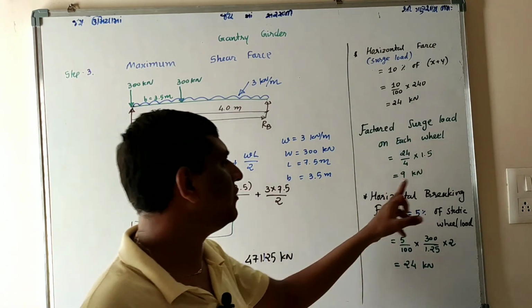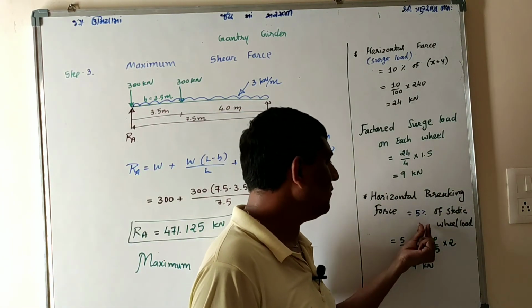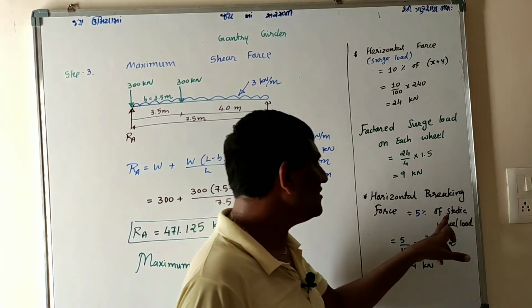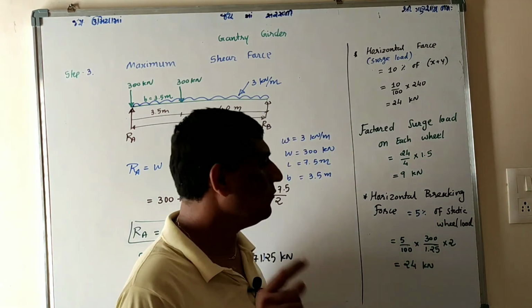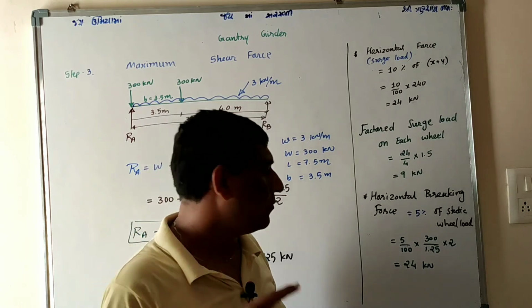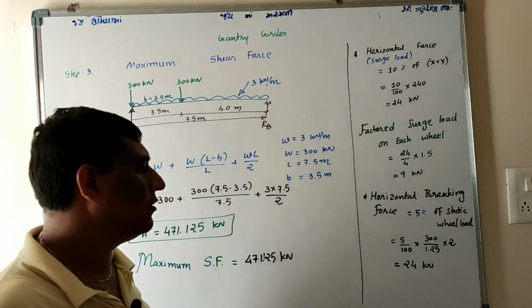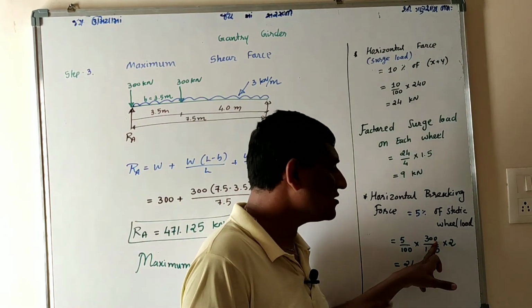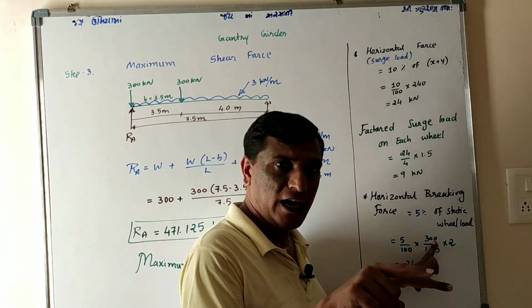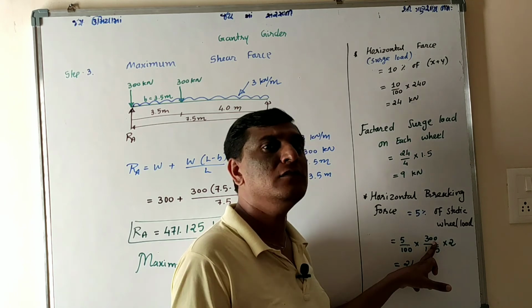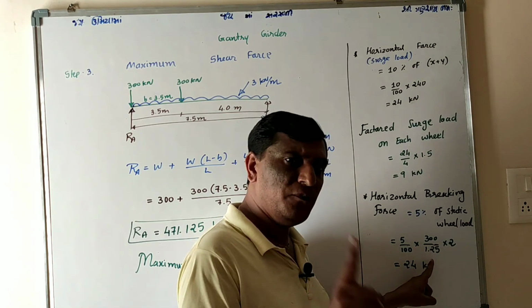Now the horizontal braking force, that is 5% of the static wheel load. This is the static condition. Now for the impact we multiplied it by 1.25 in the first case, that is the wheel load. Now your wheel load is 300 as it is considered with the impact value.